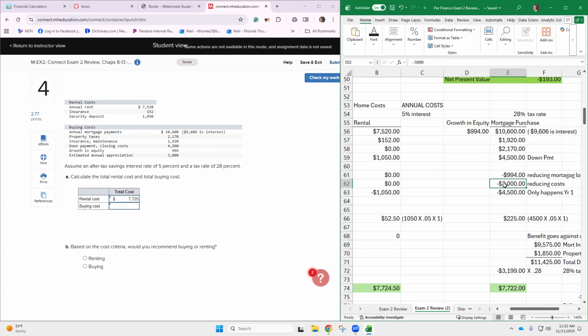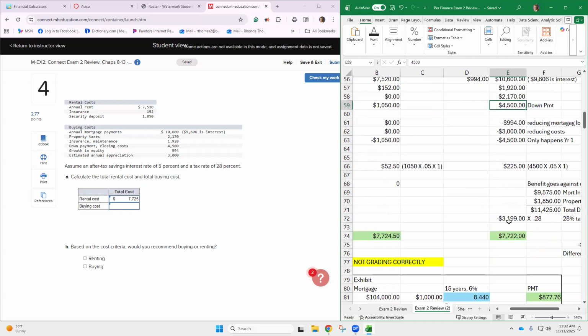One more time, I'm going to go back up through here and make sure I'm not missing anything. As a homeowner, there are 2 items here that you should be able to itemize and deduct from your taxable income: the interest, which mine is $996.06, and my property tax, which is $21.70.